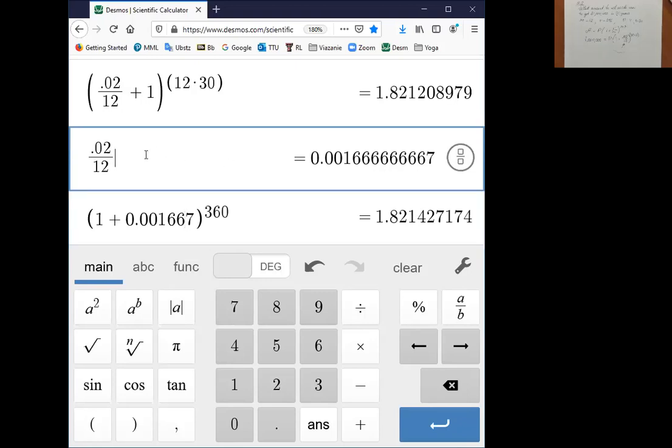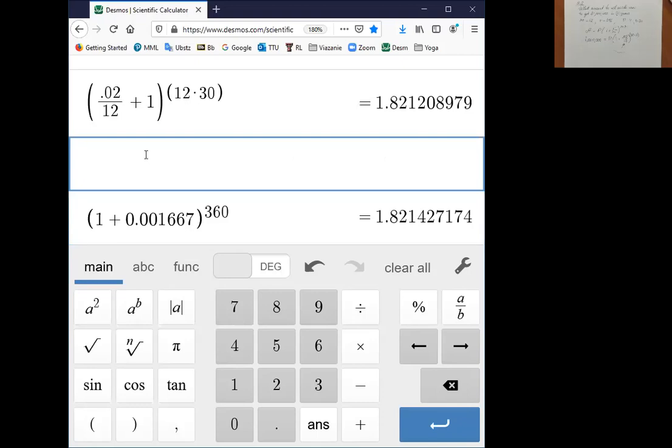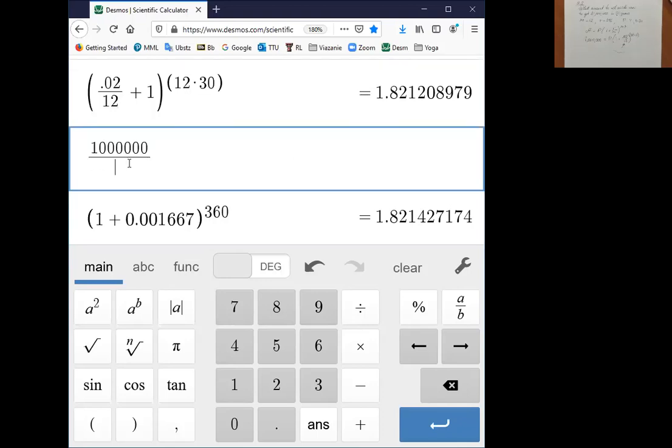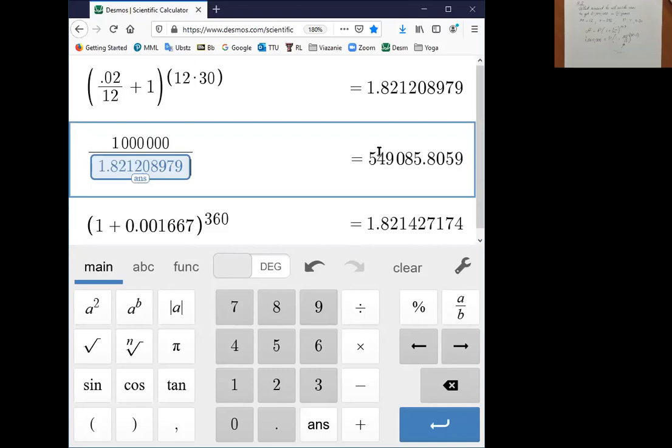So let us return to our formula. In our formula, we must divide A, 1 million, by this answer that we got on this step, and we get 549,085.81, and here on this step we can round. 5 is also rounded up, so 81.